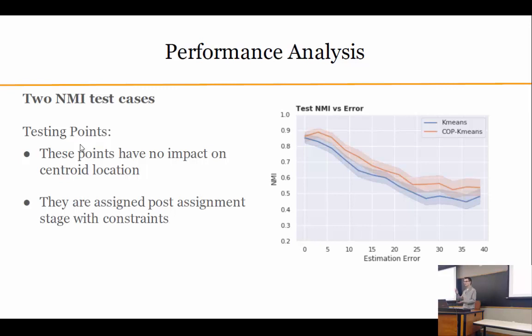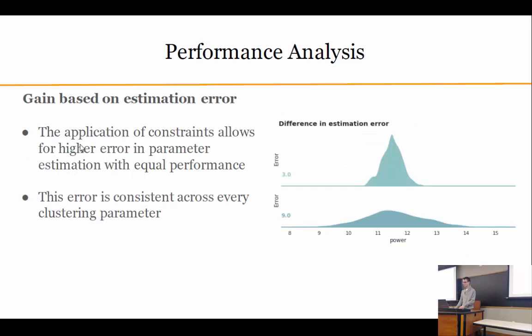Then from some point in time, after like a tenth of a second, you know where your cluster centers are, and you can just assign the points from there on out, and you don't have to do these recalculations of the centroid locations. So that's the basis of why this test set was used.